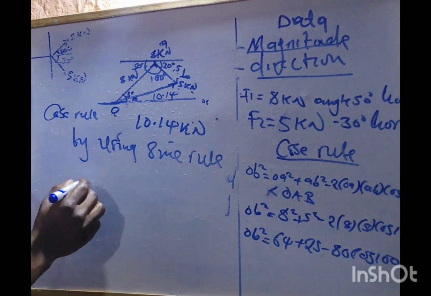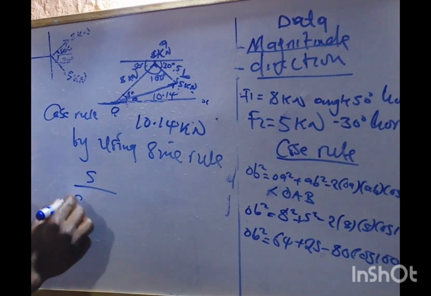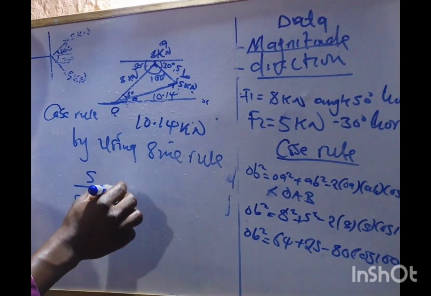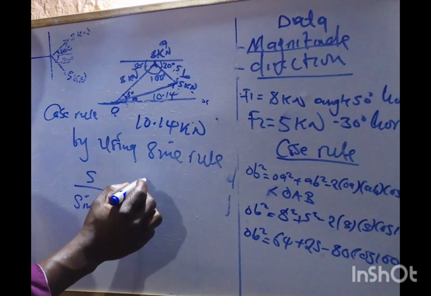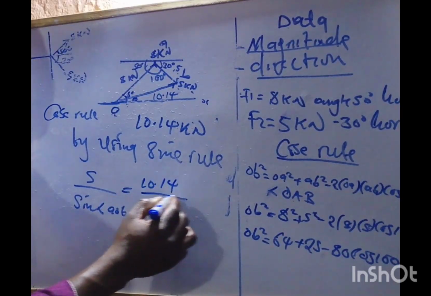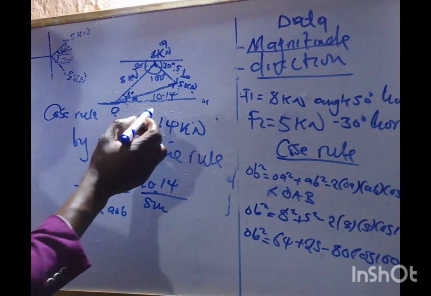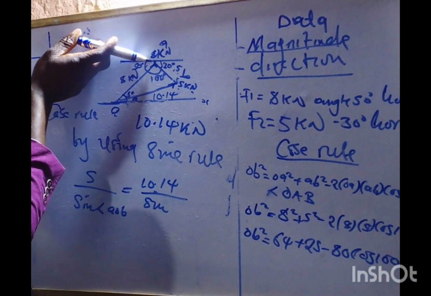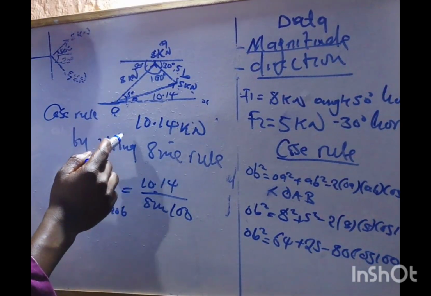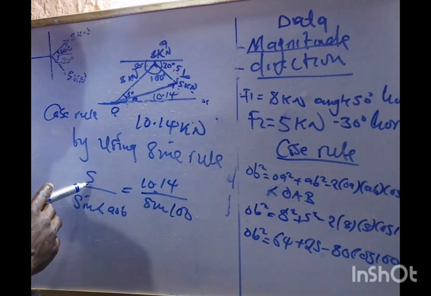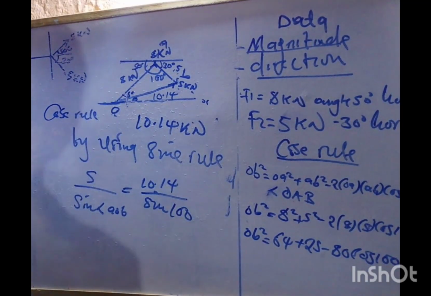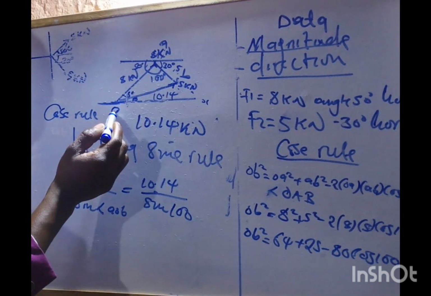We are going to say 5 over sine angle AOB, which should be equal to this magnitude which we have found here, 10.14, over sine 100. The 10.14 is opposite the 100, and the 5 is opposite this angle which we are looking for, angle AOB.